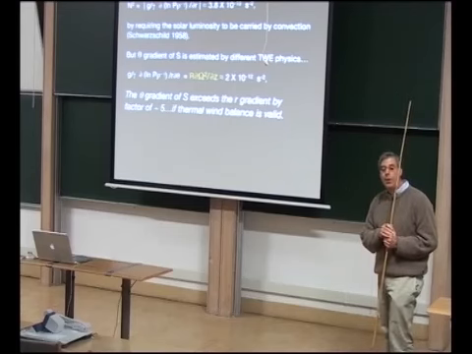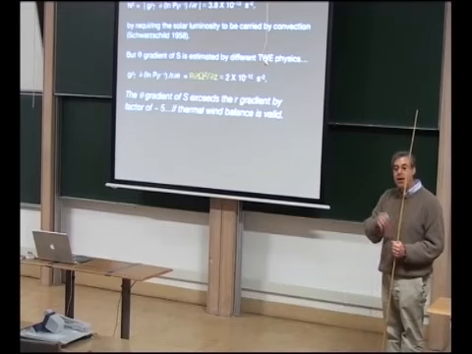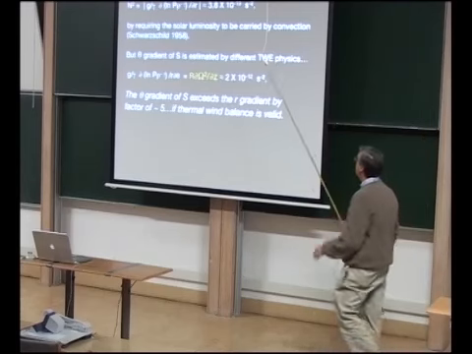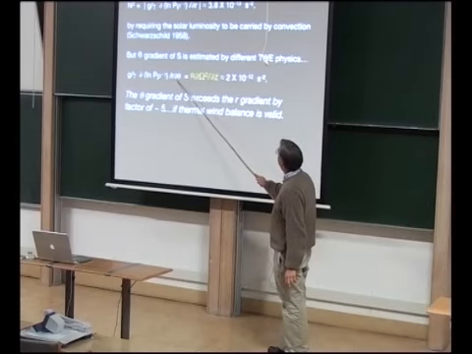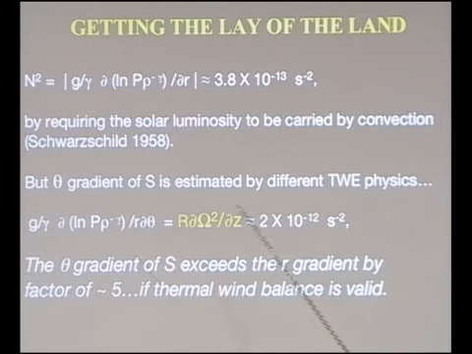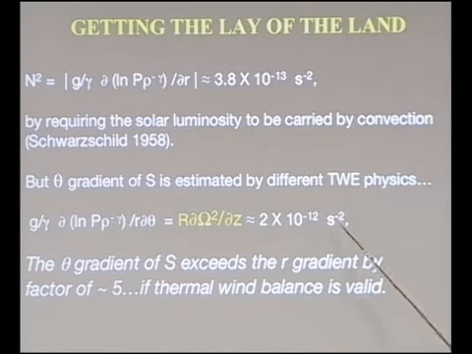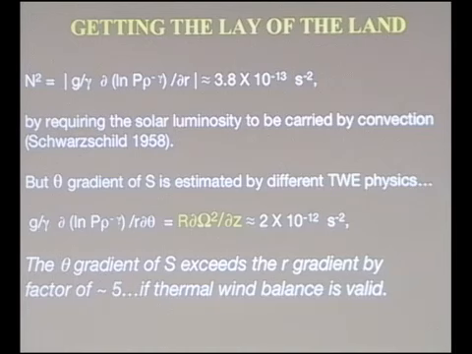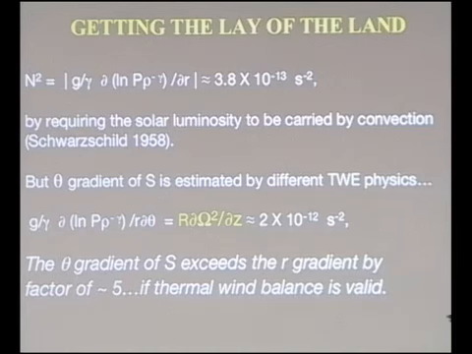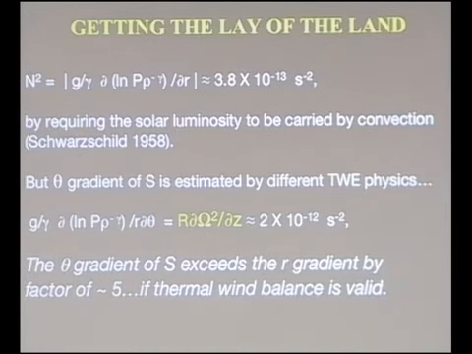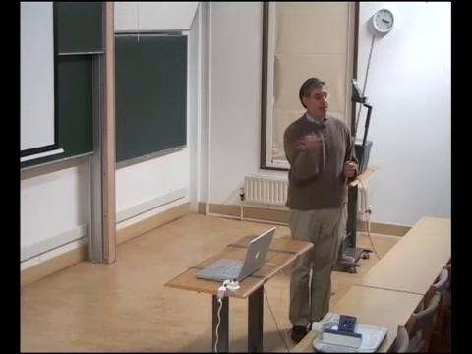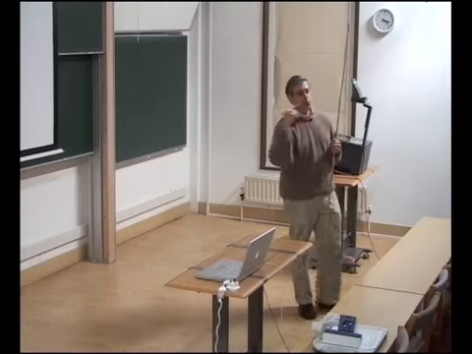We can see what nature has told us the angular velocity profile inside the sun is. If the thermal wind equation is valid, and we can read off what omega as a function of r and theta is, then we can directly estimate what the theta gradient of the entropy is. And it's an order of magnitude larger, a factor of 5.